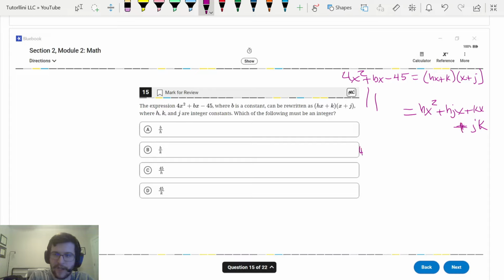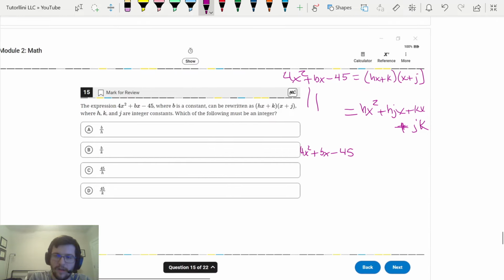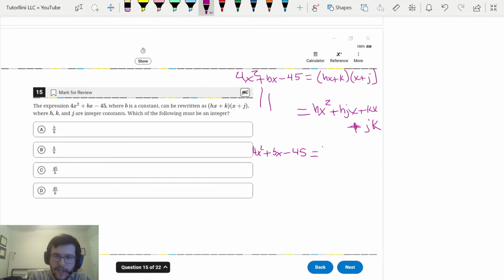So we have 4x squared plus bx minus 45 equals hx squared plus, you can factor out the x, so (hj plus k)x plus jk.